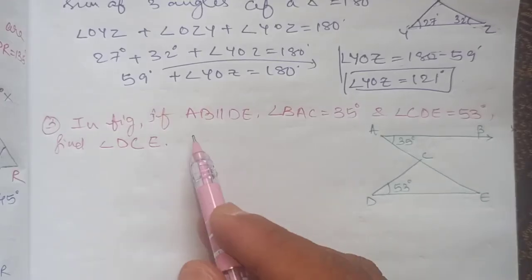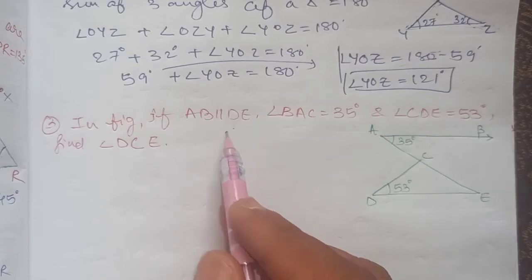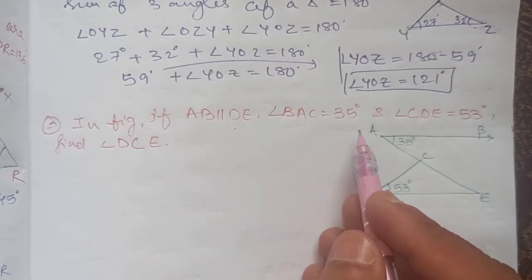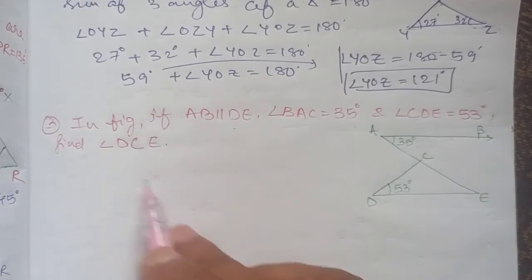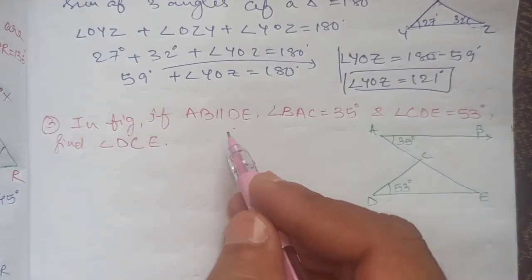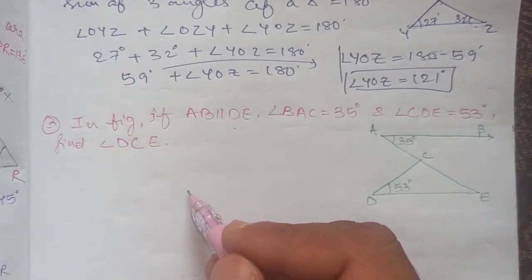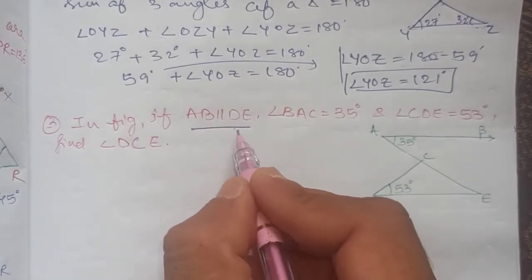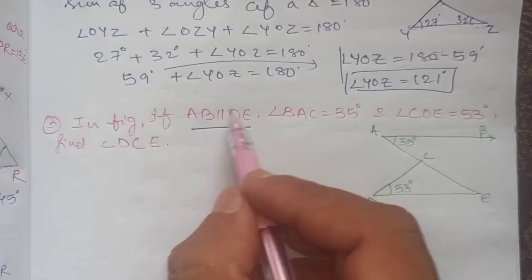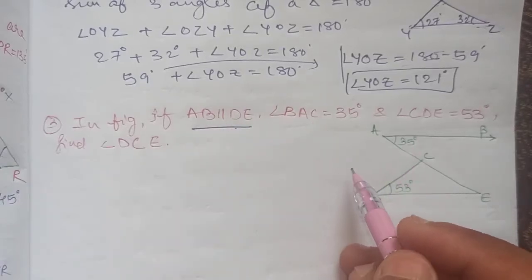In question number 3 it is given: if AB is parallel to DE, angle BAC equals 35 degrees and angle CDE equals 53 degrees, find angle DCE. Remember, whenever you are using the transversal lines condition, you must see whether it is given in the question that the lines are parallel. If it is not given, you can't use the transversal lines condition.